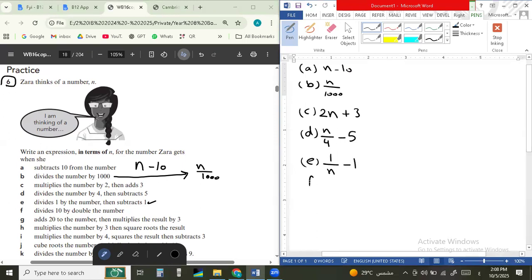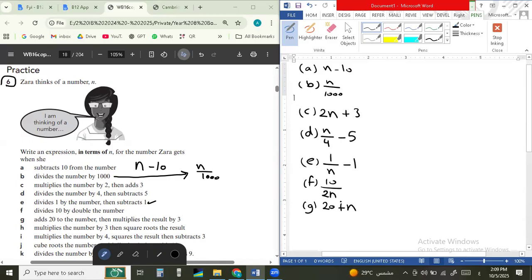Question F. Divides 10 by double the number, which means 2n. Adds 20 to the number. That's question G. Adds 20 to the number.